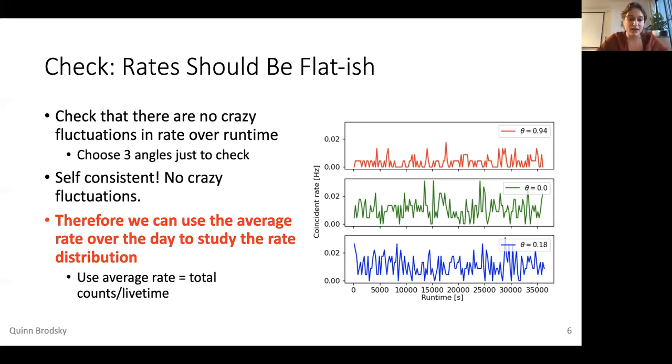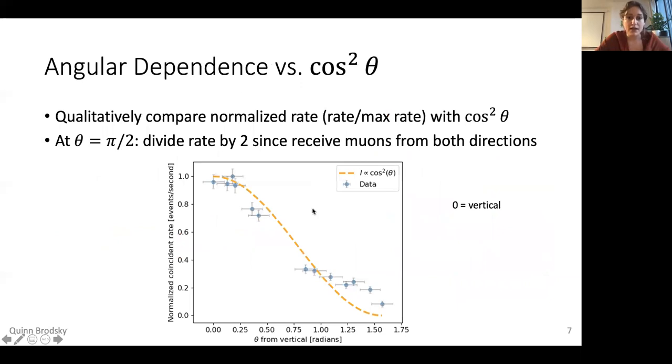To do that, you use the average rate, which is the total counts over the entire day over the live time. And remember, the live time is the total time minus the dead time, because the microcontroller is not active during that time. So here's what it looks like. I used those 13 angles ranging from 0 to pi over 2.